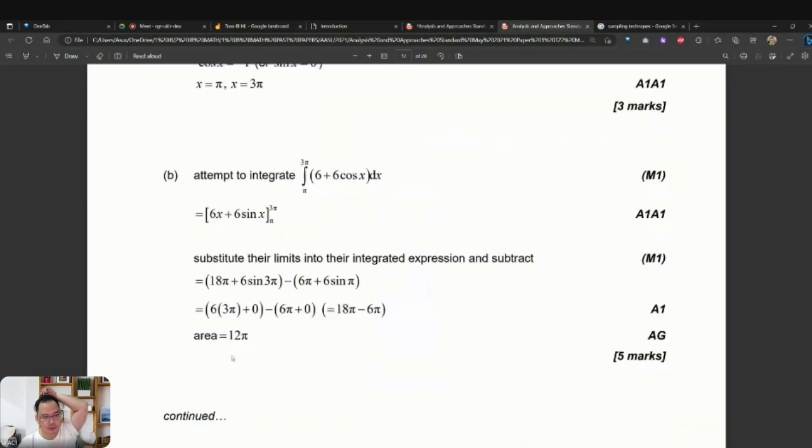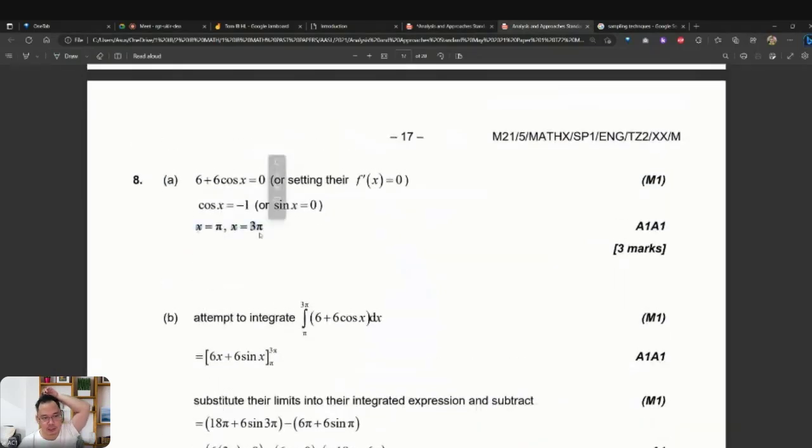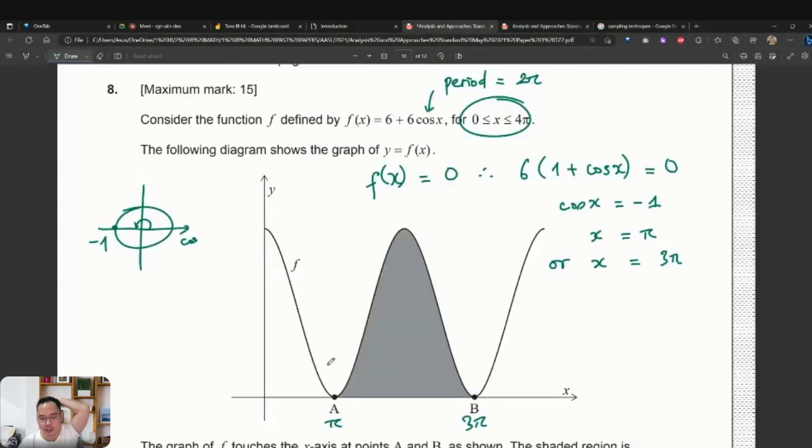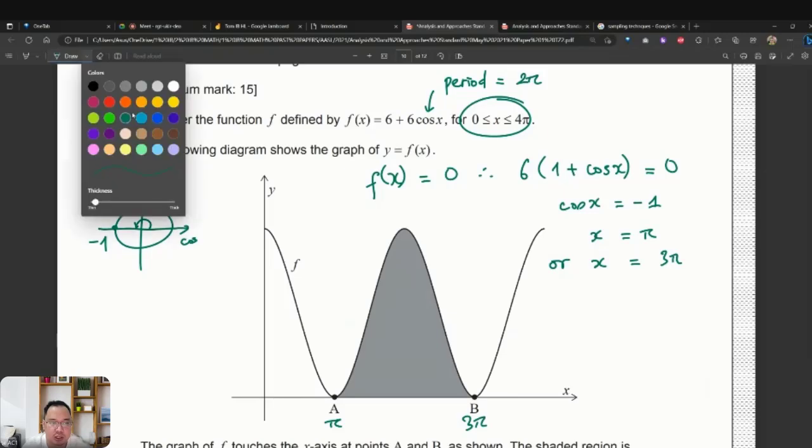Checking, of course, very confident there: pi and 3 pi. The second method is to take the derivative and let it be 0, because that derivative is the gradient of the graph, and at the two points A and B, the gradient is 0. They are the turning points, the minimum. But that second method is a little bit more complicated, not really necessary. The easiest way is just to use the function equals 0.